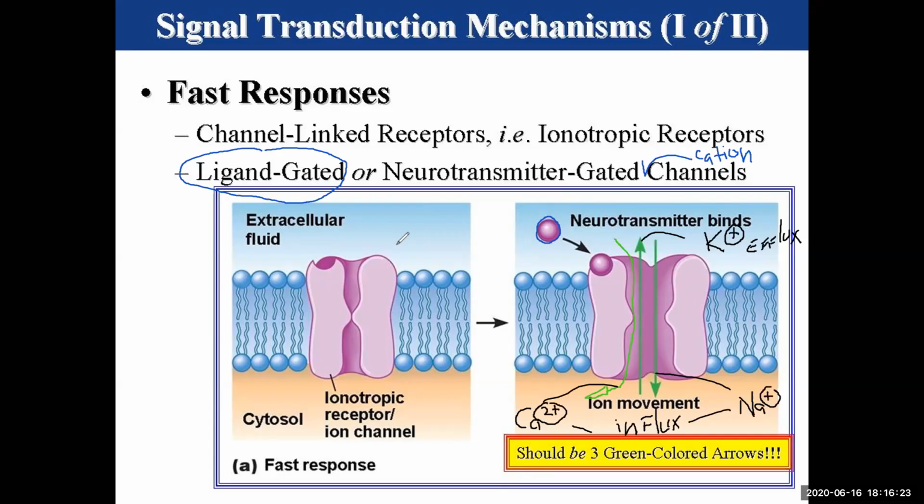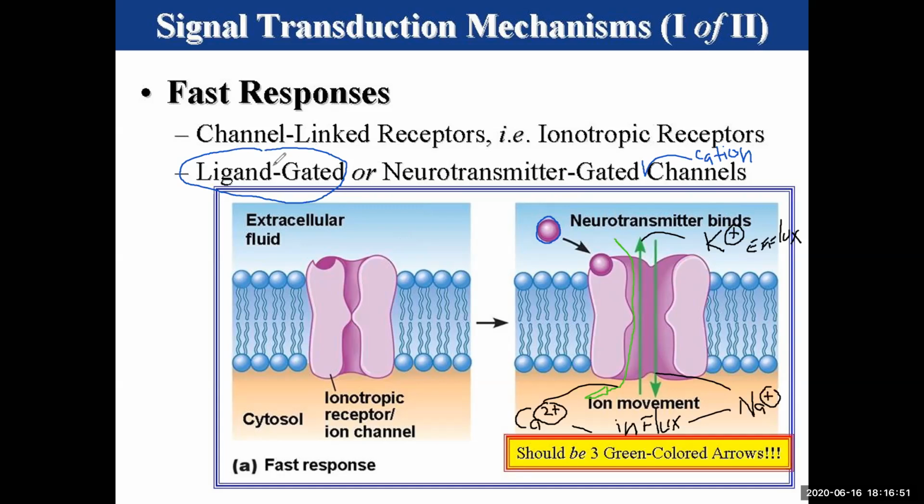Voltage sensitive calcium channel, influx only calcium, right? So the 3 families of voltage sensitive ion channels: sodium channel, influx is only sodium; potassium channel, efflux is only potassium; calcium channel, influx is only calcium.